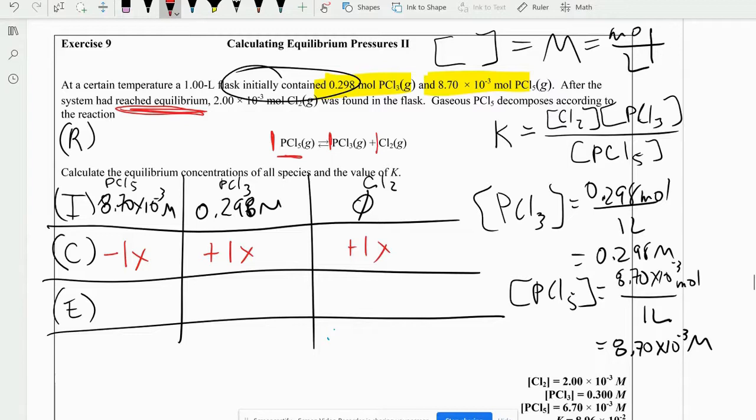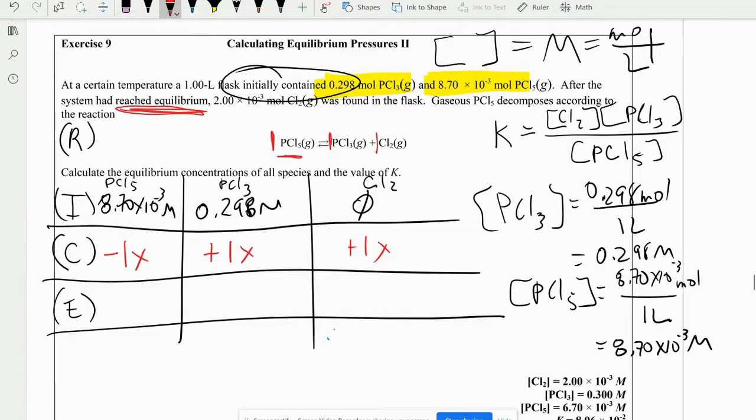Now you might be asking yourself, why the minuses and the pluses, and how do I know? Well, think about what's happening generally in a reaction. Assuming you're initially starting off with 100% of PCl5, once the start of the reaction occurs, you assume that you're going to lose some of the PCl5 to form the two products. So we use minuses and pluses to represent that.